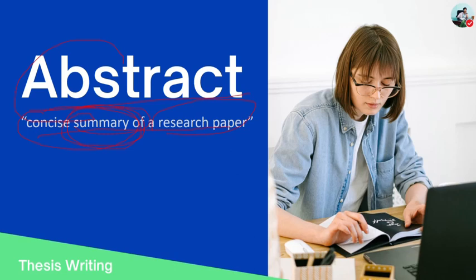Also, the third one is that it is important for indexing and database searching. Part of the abstract is the keywords. For example, if you visit ResearchGate or Google Scholar, you just type the keywords. By doing that, you can easily retrieve and determine if a study is relevant to your study as well.